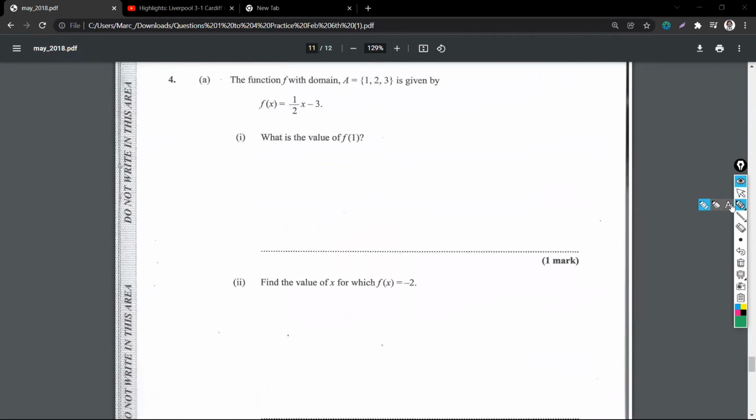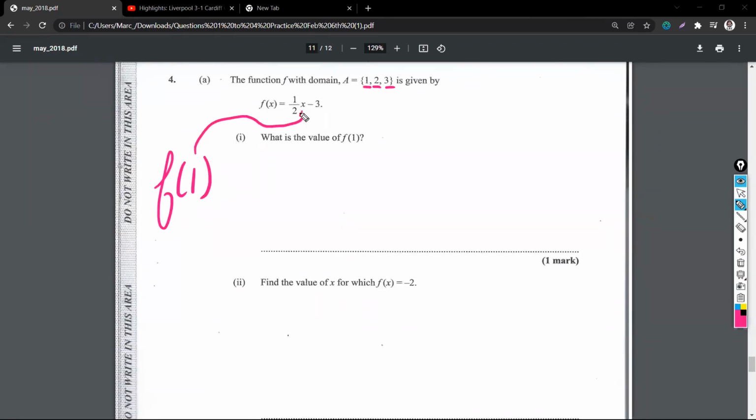Okay, so let's go to the functions part now. It says the function with the domain A is equal to 1, 2, and 3 is given by this. F of x is equal to a half x minus 3. What is the value of f of 1? It's easy, guys. Functions are too easy.